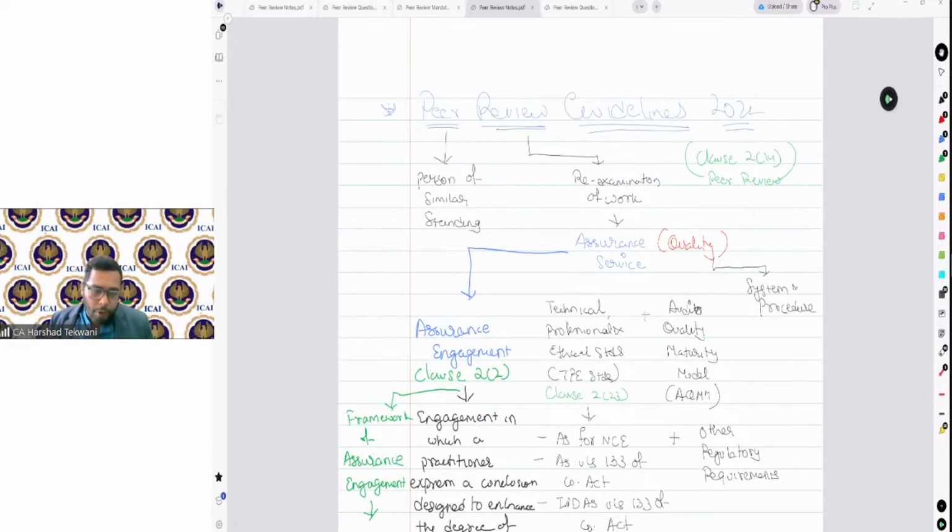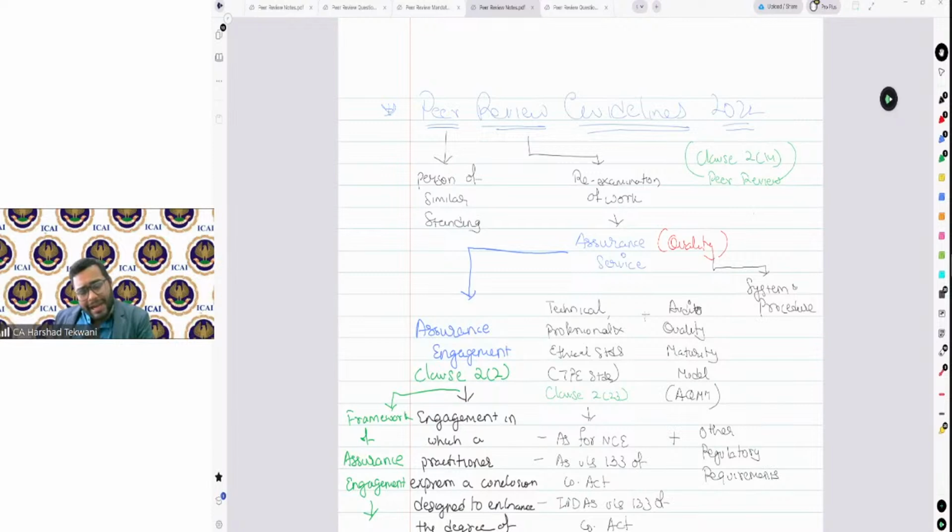From the SA 200 series, we will be covering the questions, the practical side of these standards: how to answer the question, how to write the answers in the exam, and what the key points are that need to be focused on while writing an answer.